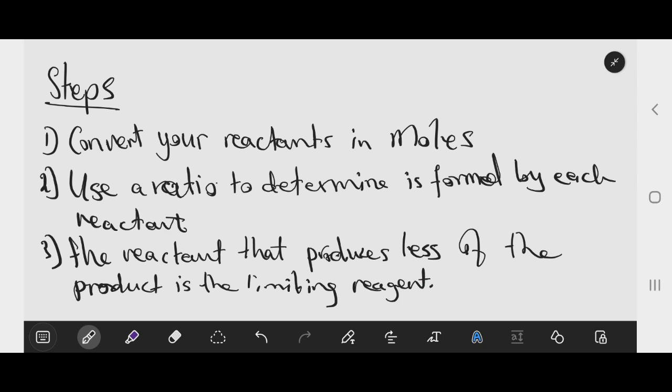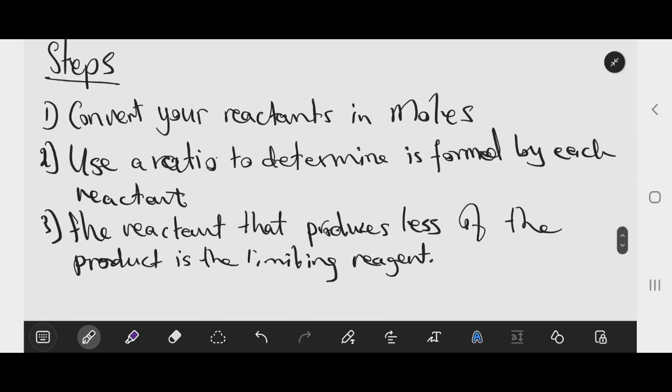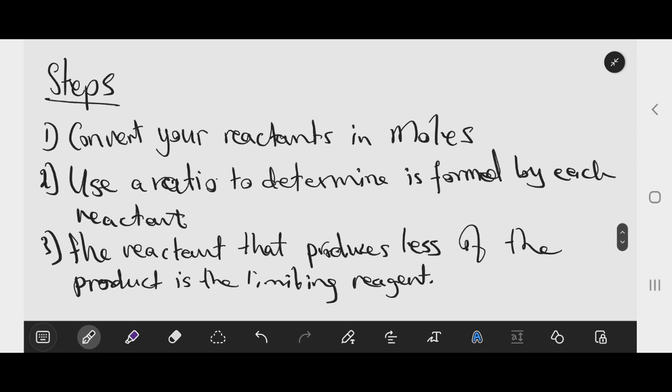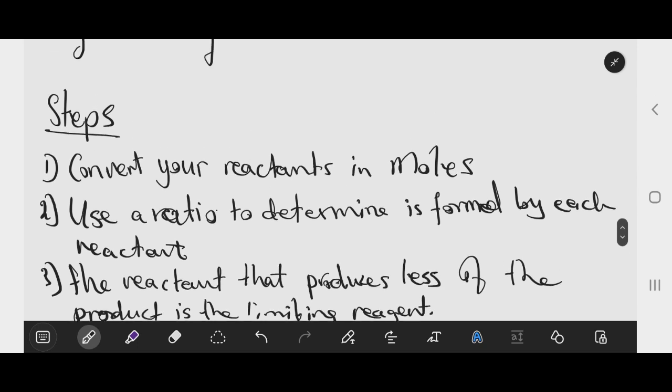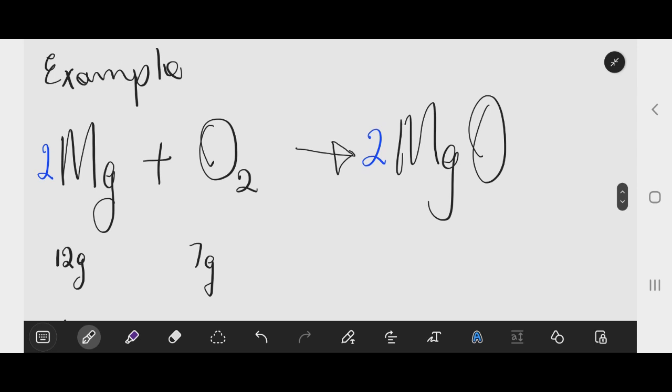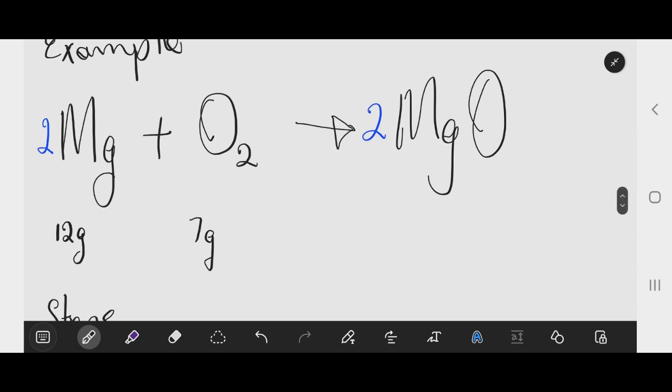Alright, so these steps might not make sense at the moment, but it will make sense as we perform the calculation, right? So we said we had magnesium reacting with oxygen gas to form magnesium oxide, right? And we had 12 grams of magnesium and 7 grams of oxygen. So now we have to determine which one is the limiting reagent between magnesium and oxygen gas, right?